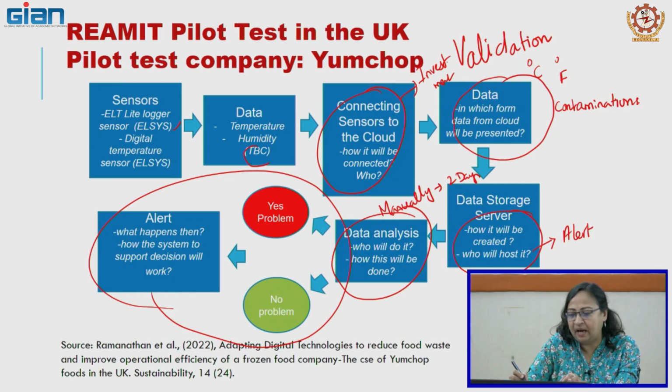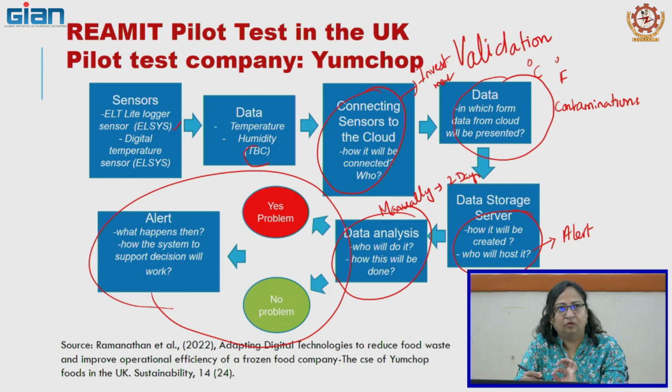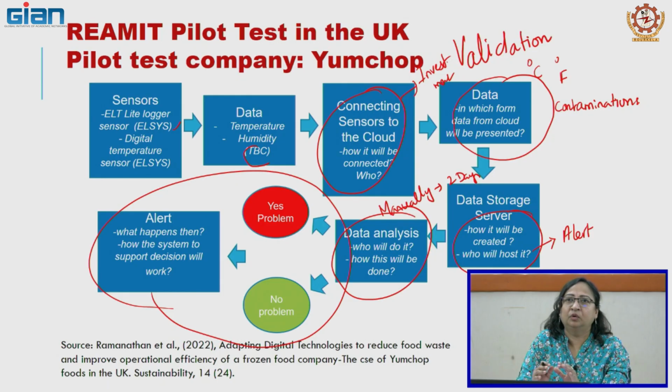You will get the alert: yes there is a problem, problem is red, or there is no problem. If there is a problem, what to do and who will be doing it, all these decisions are made beforehand. The team should be working 24/7, but the same team will not be working 24/7.